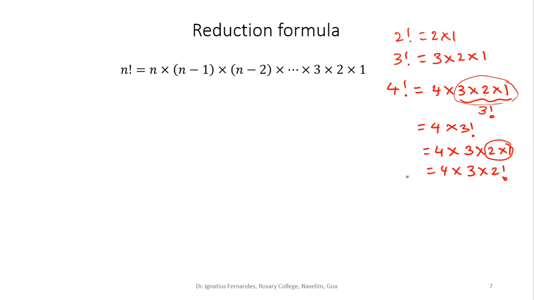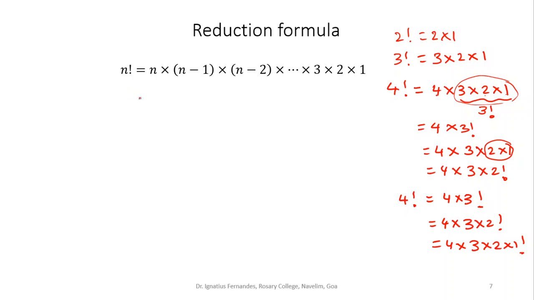So we can very well write 4 factorial as 4 into 3 factorial, or as 4 into 3 into 2 factorial, or as 4 into 3 into 2 into 1 factorial. This we say is the reduction formula.